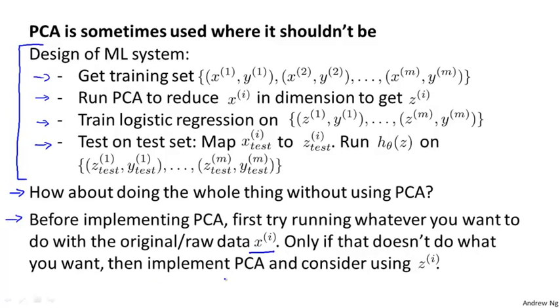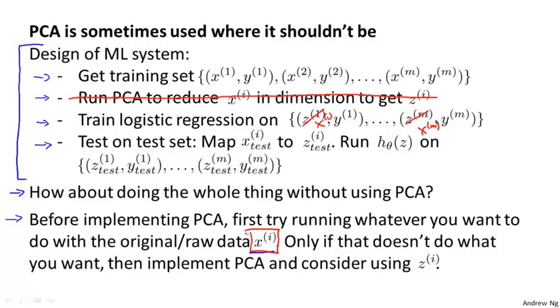And only if that doesn't do what you want, then implement PCA and consider using z(i). So before using PCA, instead of reducing the dimension of the data, I would consider, let's ditch this PCA step, and let's just train my learning algorithm on my original data. Let's just use my original raw inputs x(i).